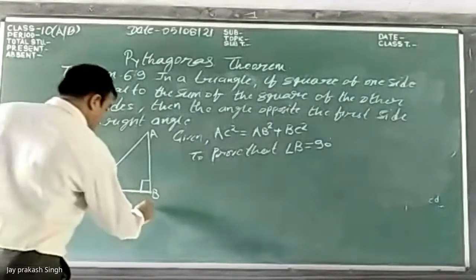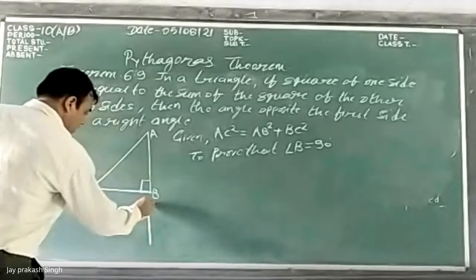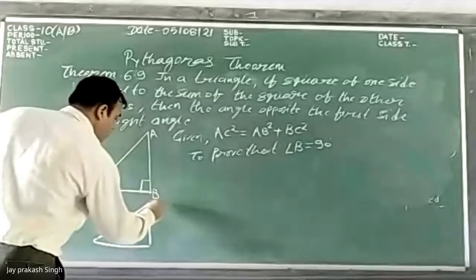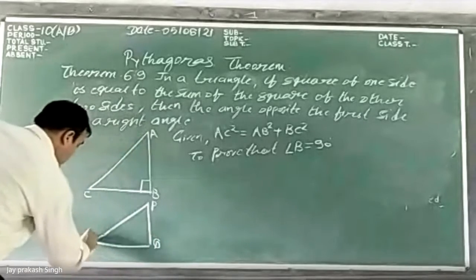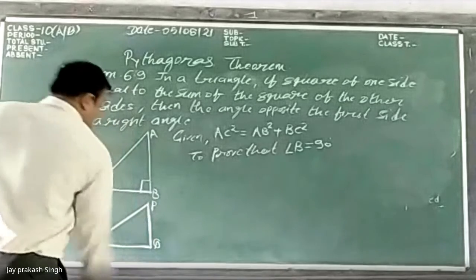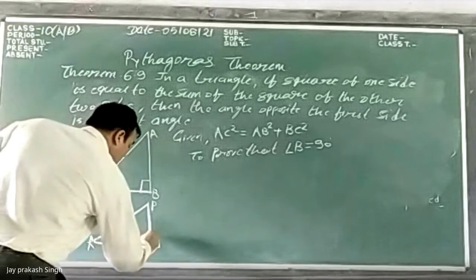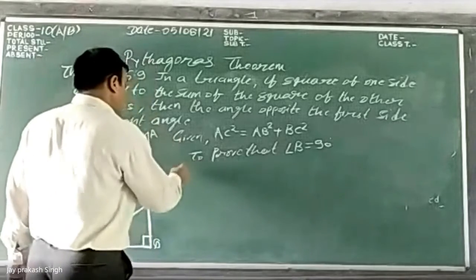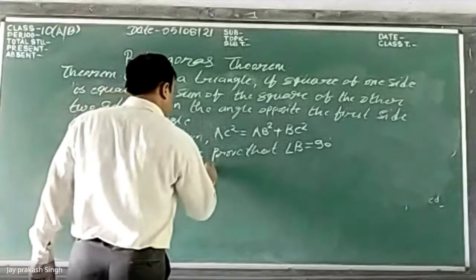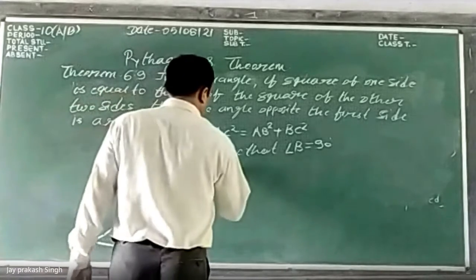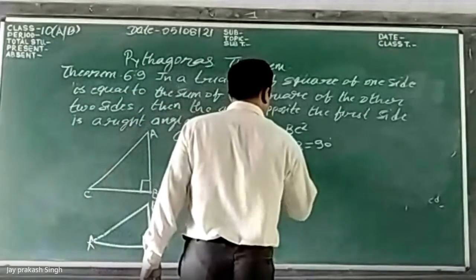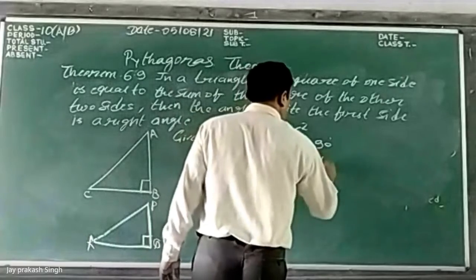So let's construct another triangle here, PQR, in which we have taken a right angle. Let us construct a right angle triangle.